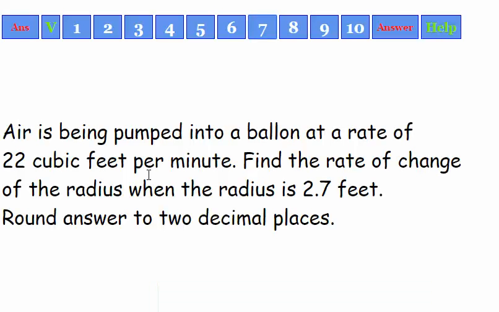So we have a sphere. Actually, we had a balloon. We've already done the sphere problem. We got air being pumped into a balloon. We're going to pretend that this balloon is a perfect spherical object. And of course, my diagram's definitely not that.